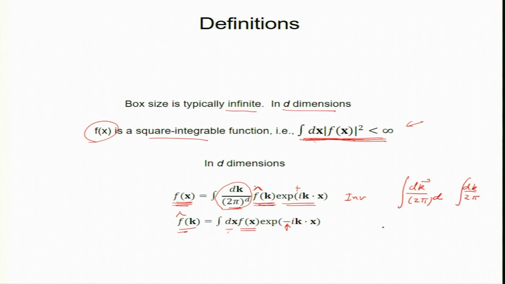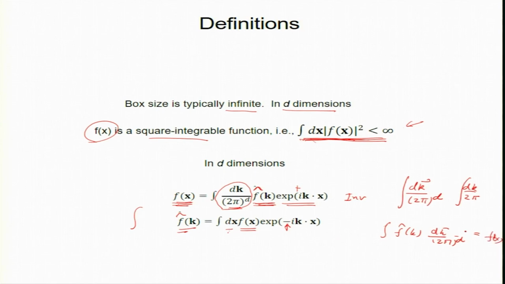Now, this normalization is, if I take f hat(k), this definition, and do dk by (2 pi)^d, this should give me back f(x), okay.